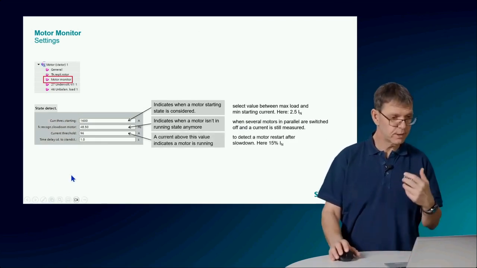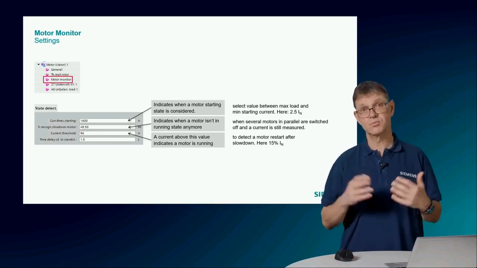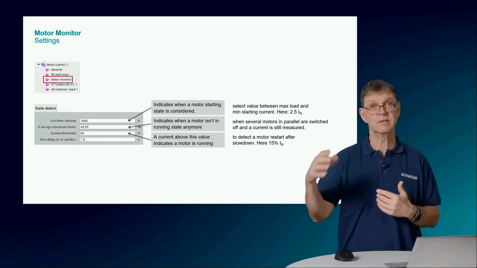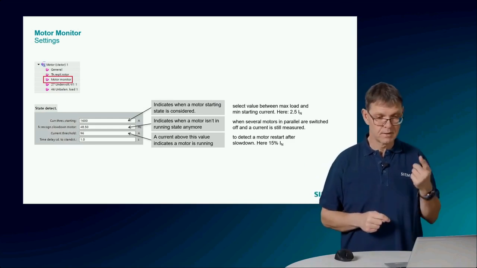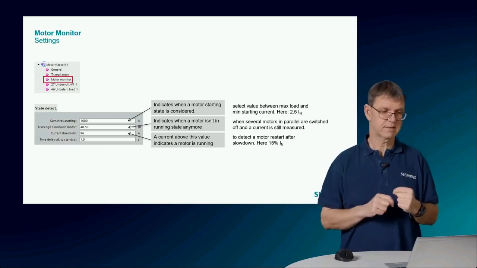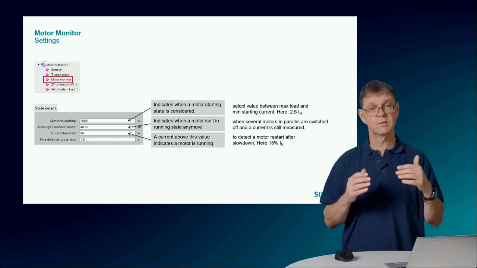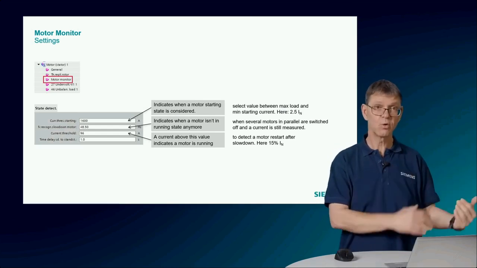Then we have a current threshold that indicates that a motor is restarted again. Normally the restart current is relatively high immediately, even if you have a short voltage interruption. Here we put another setting in addition to the circuit breaker open threshold. The circuit breaker open threshold is to detect that the circuit breaker is open.